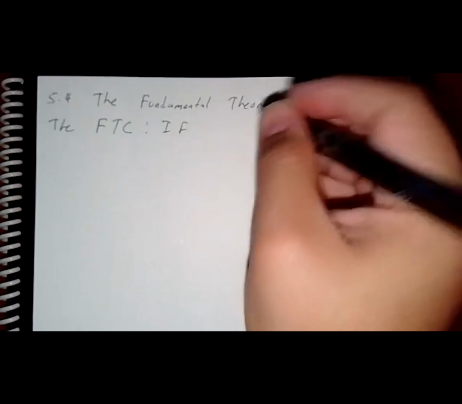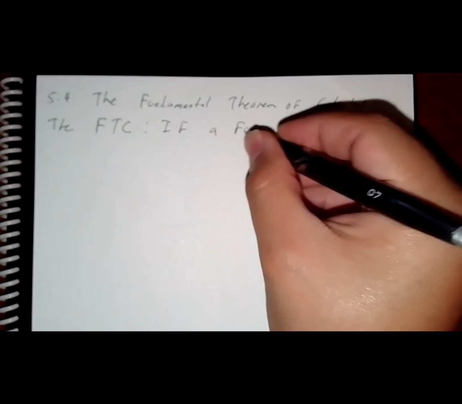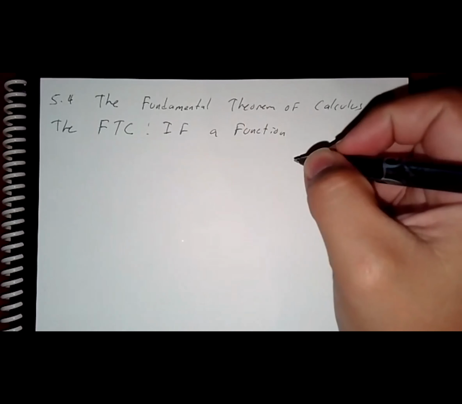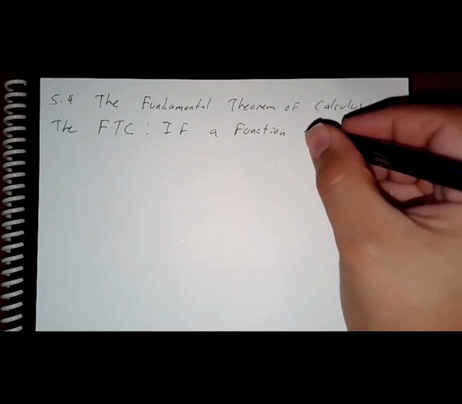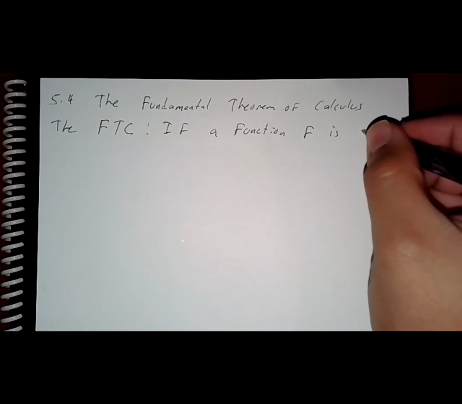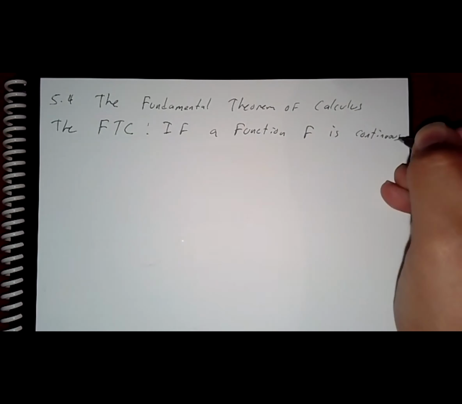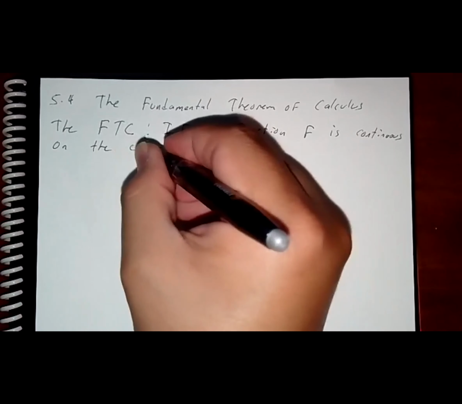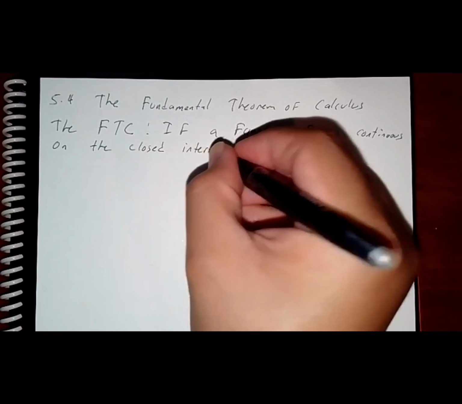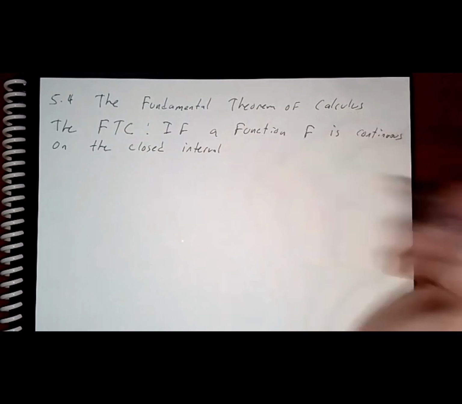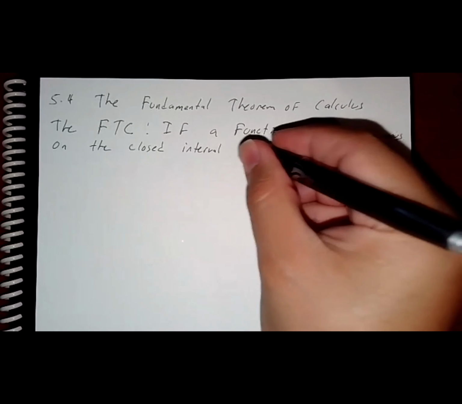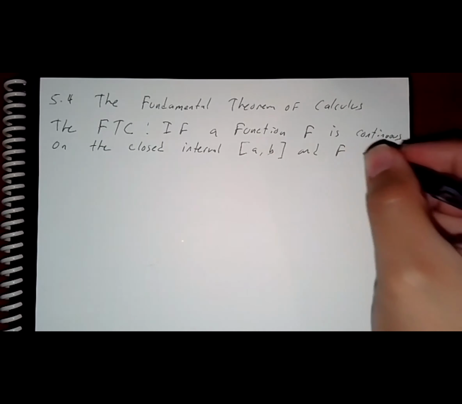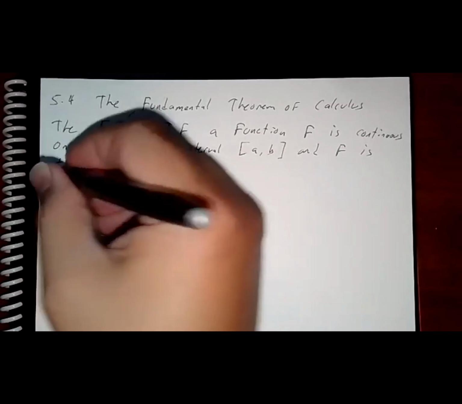If a function f is continuous on the closed interval, we'll just say from A to B, and capital F is the antiderivative.